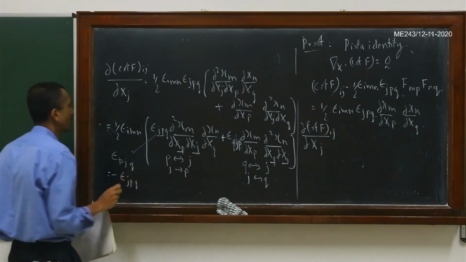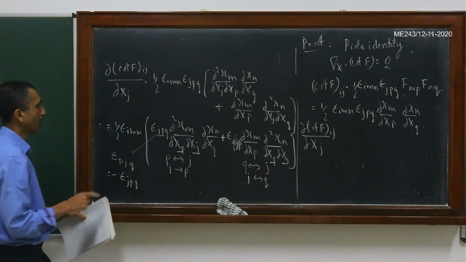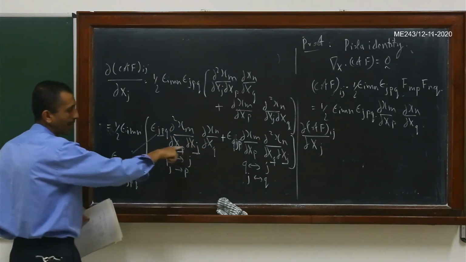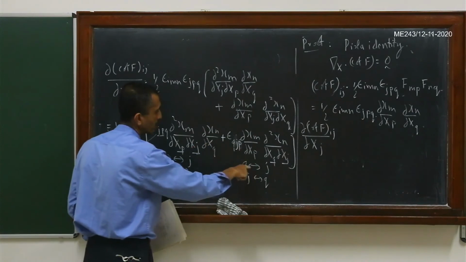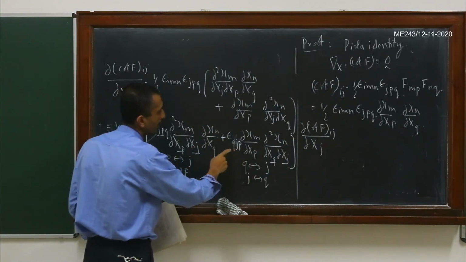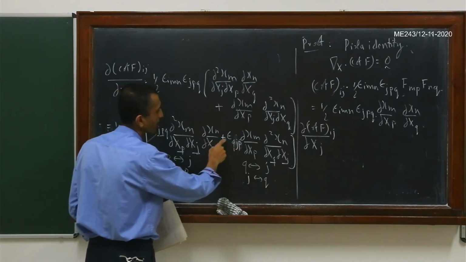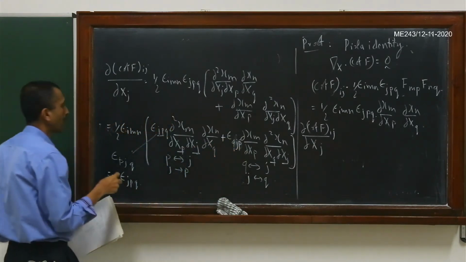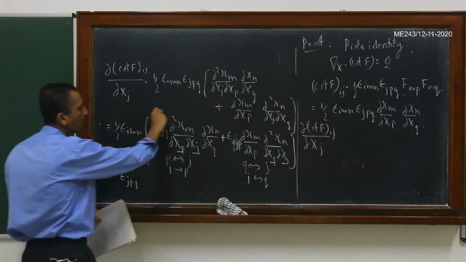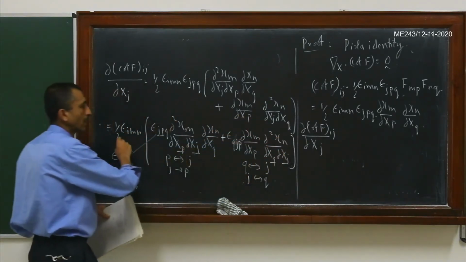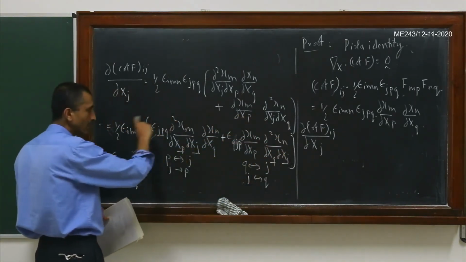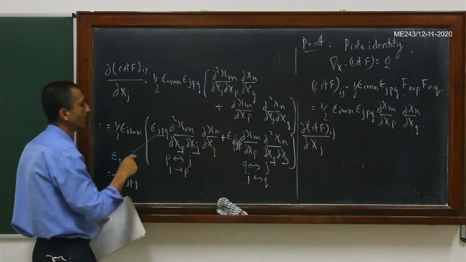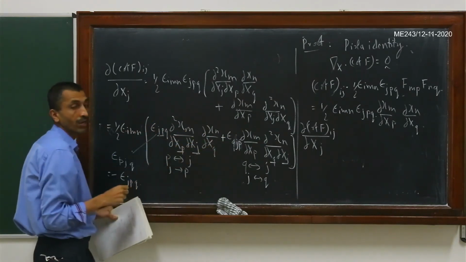And similar thing can be done even here also. So your qjp will be minus of epsilon jqp, and so basically this whole object is equal to minus of this same object here, and so this whole object has to be equal to 0.